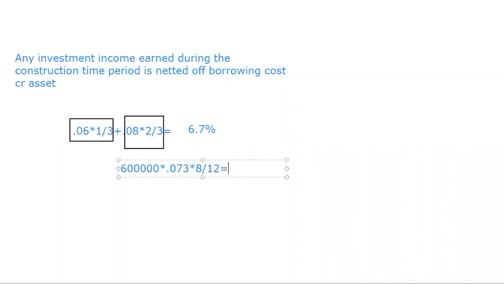It's $29,200. So nearest thousand should be 29,000. Yep, B. Nearest thousand is 29,000. So B is the answer.